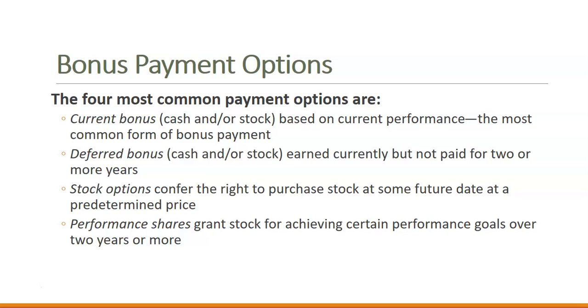Because bonuses have a higher tax rate than normal income, we might want to find ways to defer the tax on that bonus or help us save for what that payment is going to be in that tax. Stock options give us the right to purchase stock at a future date, and performance shares give us stock for achieving any of those performance goals that we've been looking at.